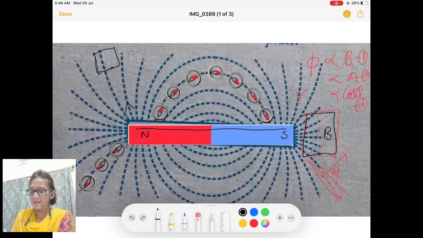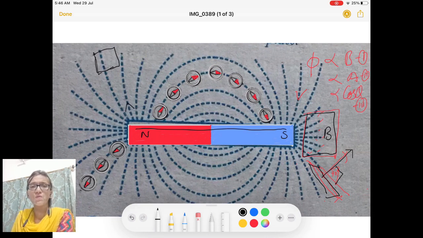Now let us consider a third condition. If this area that I have taken perpendicular to field lines, let me take the area parallel to the field lines. Now you can see that no field line is passing through this area when area is parallel to this magnetic field line. Now if you take area vector, then you will find that in this situation angle between area vector and field line vector is 90 degree.